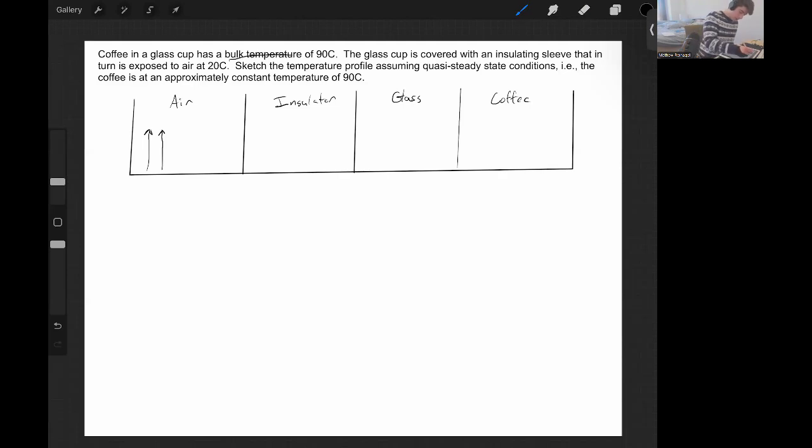We know that the coffee is at a bulk temperature of 90 degrees Celsius. We know that the air is 20 degrees Celsius. Now, we also know that this is a quasi-steady state condition. So what does that mean? When we observe something like coffee in this sort of steady state, that means that at every point, no matter what, we are at 90 degrees Celsius.